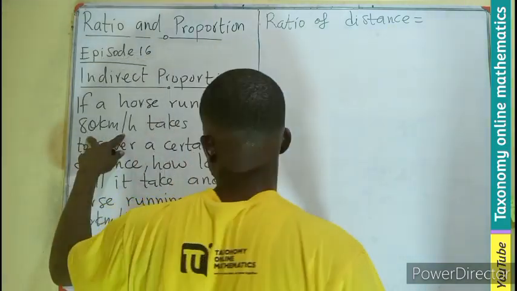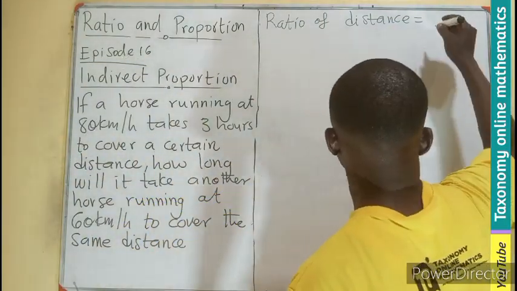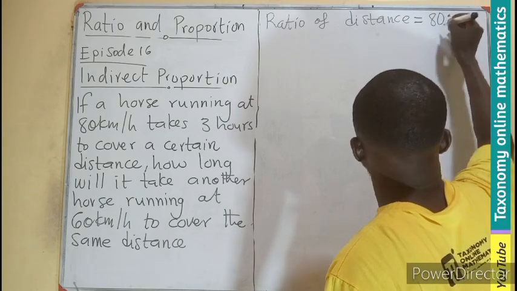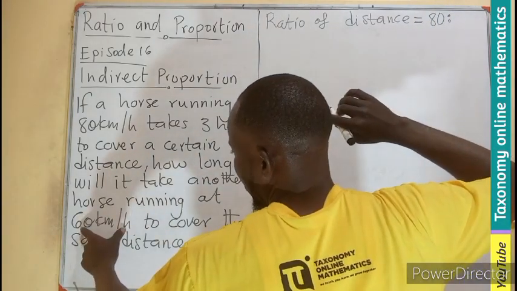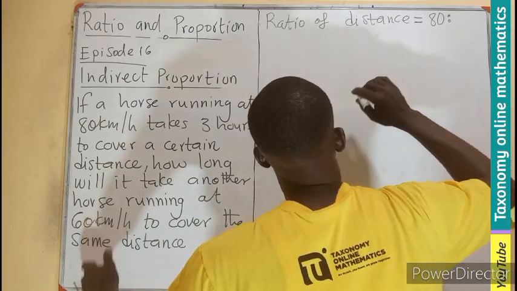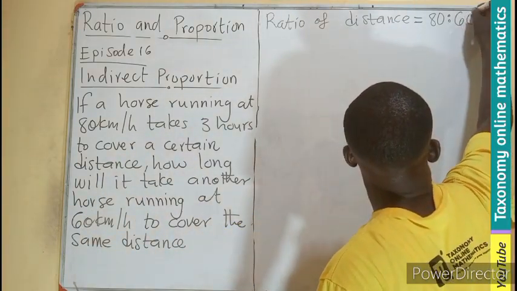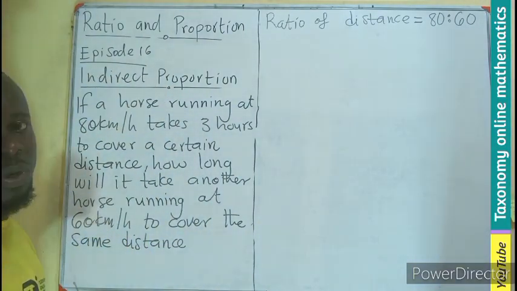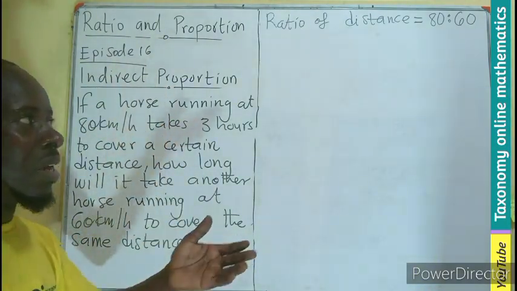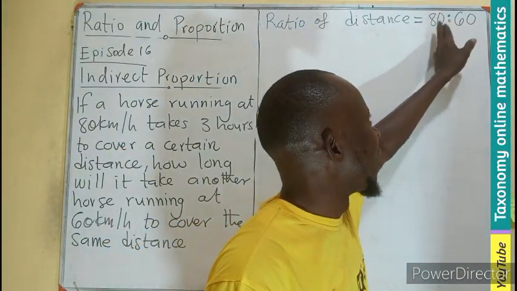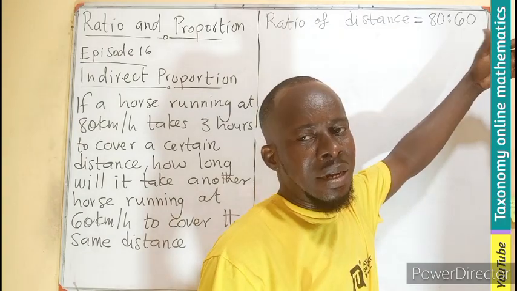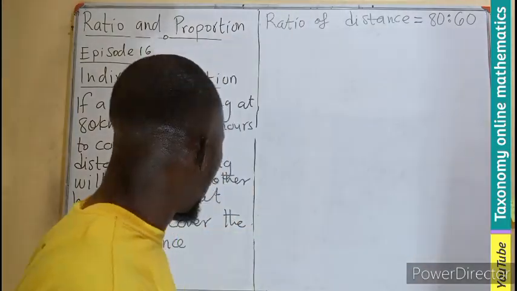So this is the distance being covered at that speed: 80. The second distance covered at the same speed will be 60 kilometers per hour. So that is the first ratio, which can be divided by 10 to give us 8 to 6, then divided by 2, we have 4 to 3, right? We can use that also.